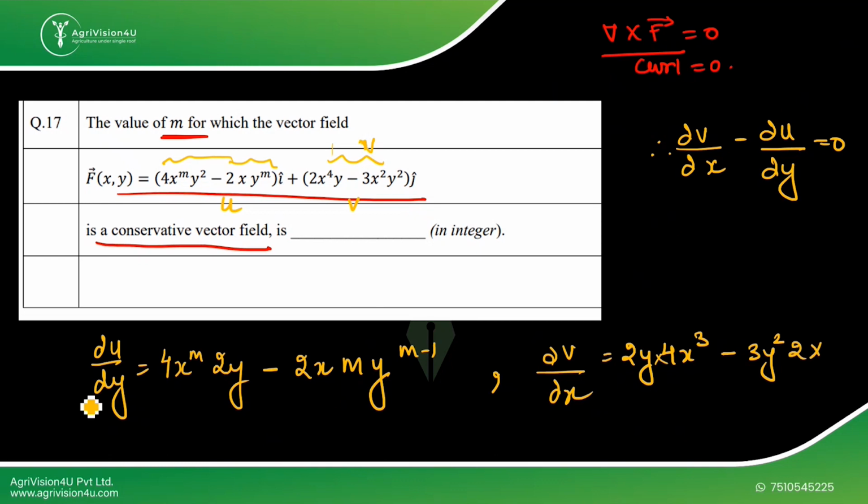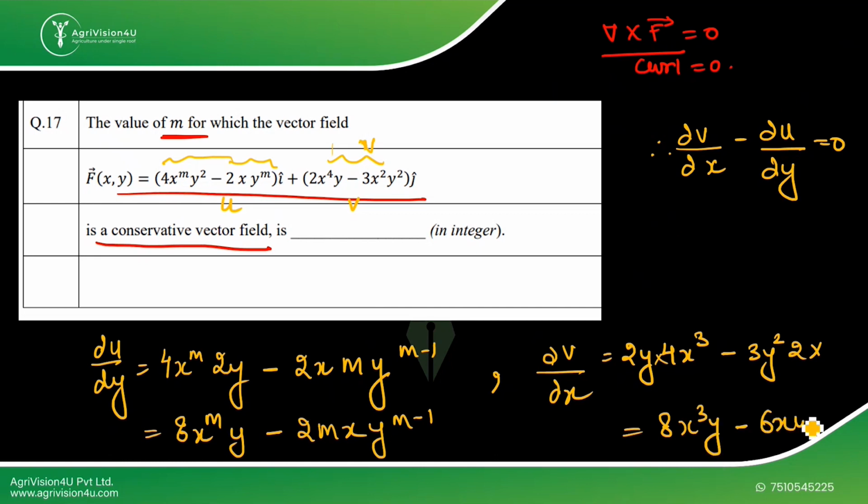So you can rewrite this. 2 into 4 will be 8, x to the power m y, no other constants. So you can write 2mx y to the power m minus 1. Similarly, here you can write this as 8x cube y minus 6x y square, right?